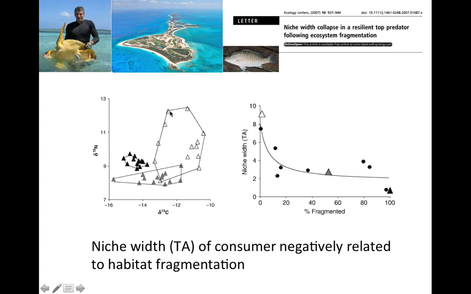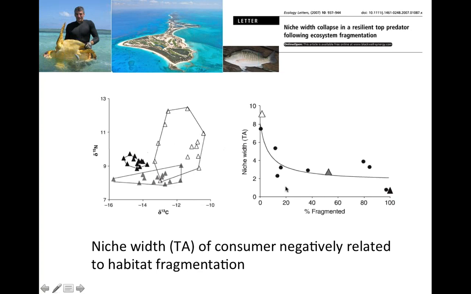Rather than putting a convex hull around the entire food web, he did it just around the values for that fish, and said, okay, this in delta space, in isotope space, is the food web size of that fish.